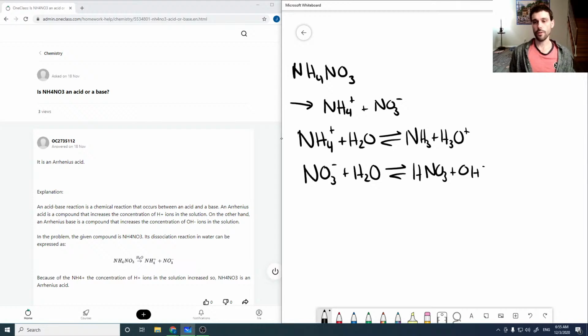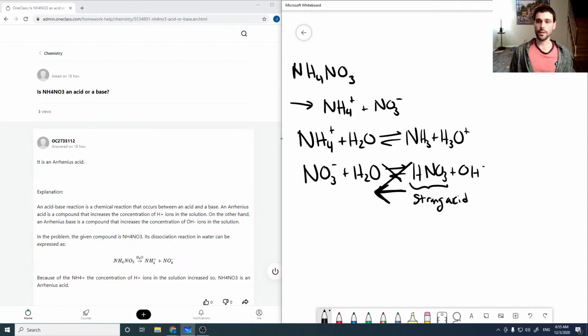Now, this is going to take some recognition or memorization. In this case, HNO3 is nitric acid, which is a strong acid. So that means we actually made a mistake here. There is no equilibrium. This is a strong acid, so it just goes this way.